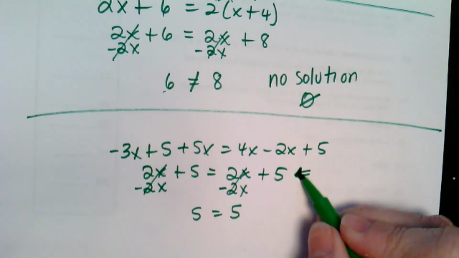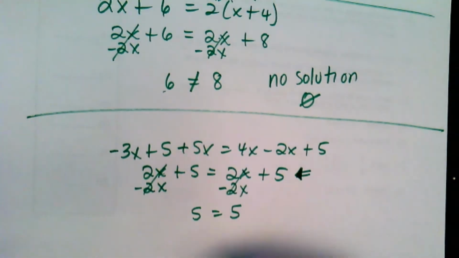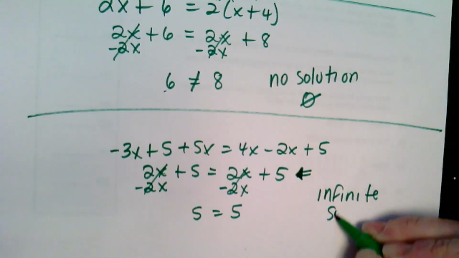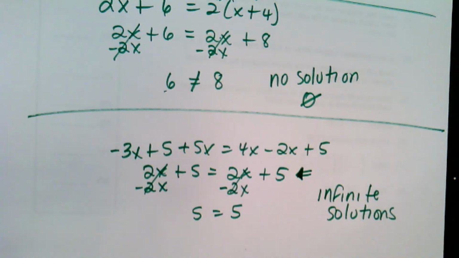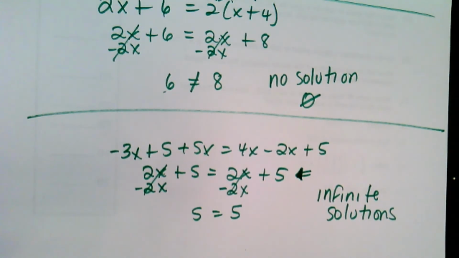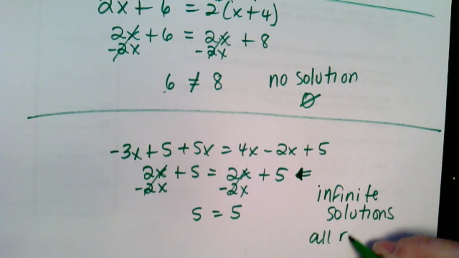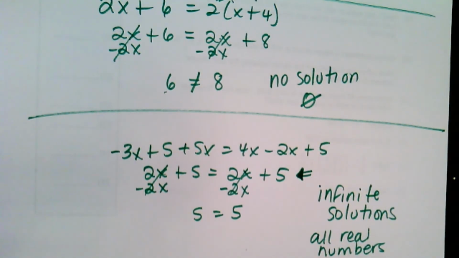So if you get here and you notice that the same exact thing is on each side of the equation, then you know this has infinite solutions, which just means it could be any number in the world and you can never not find a number that won't fit. Some people also say all real numbers.